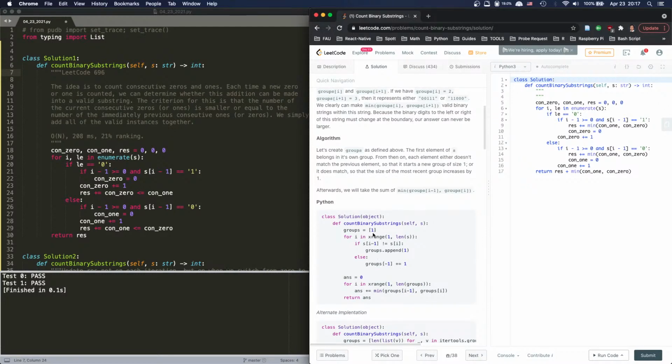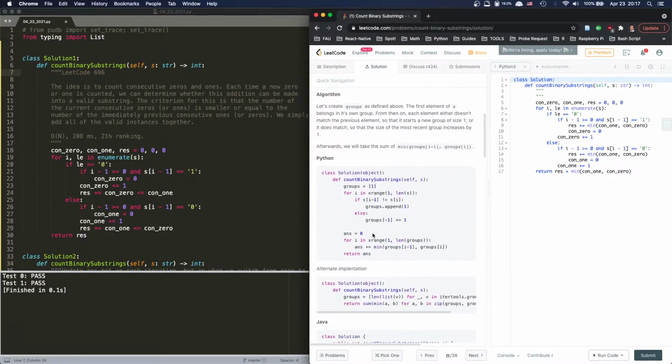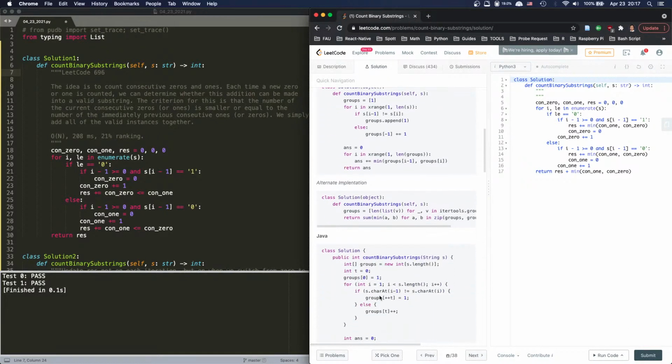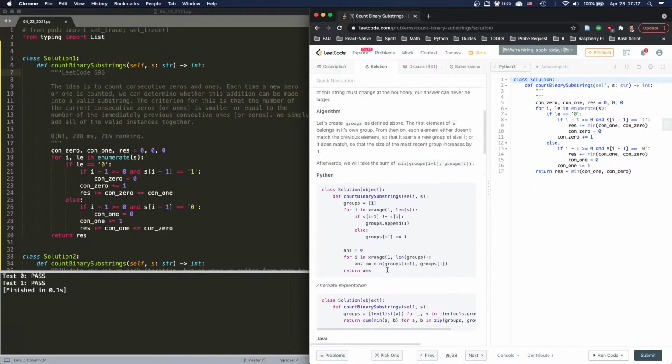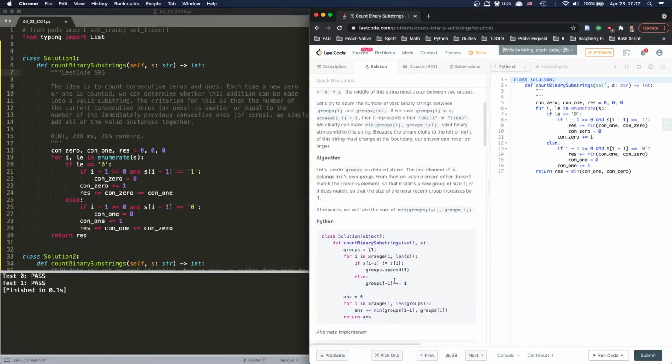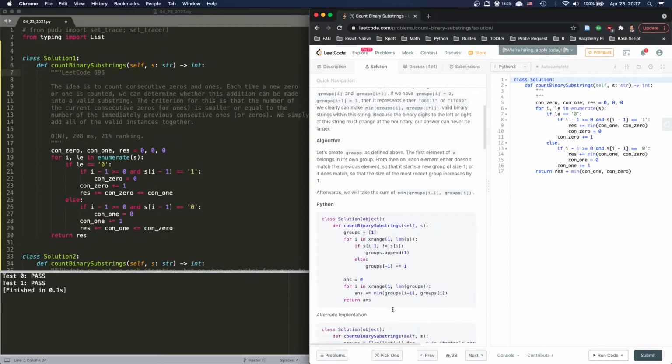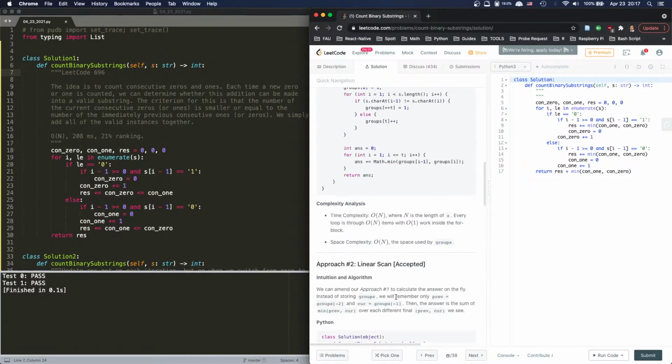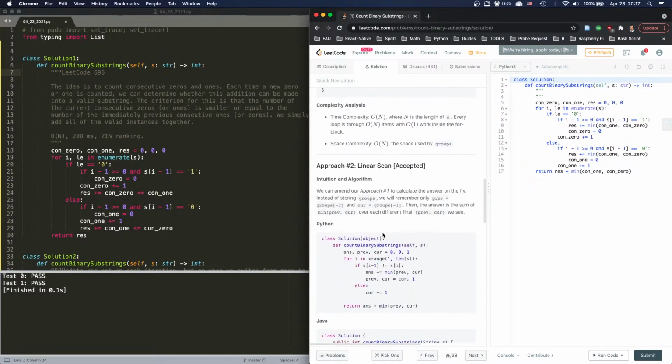But they are going through it 2 times, because they first calculate the groups, and then they run through the groups again to add these together. That's fine. Linear scan.